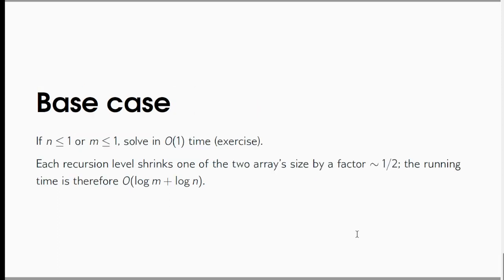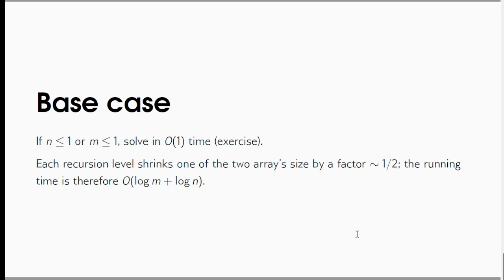Alright, so when n is smaller than 1 or m is smaller than 1, we have the base case. Here you can solve the problem in constant time, and I will leave it as an exercise. Shouldn't be too difficult. How about the running time?